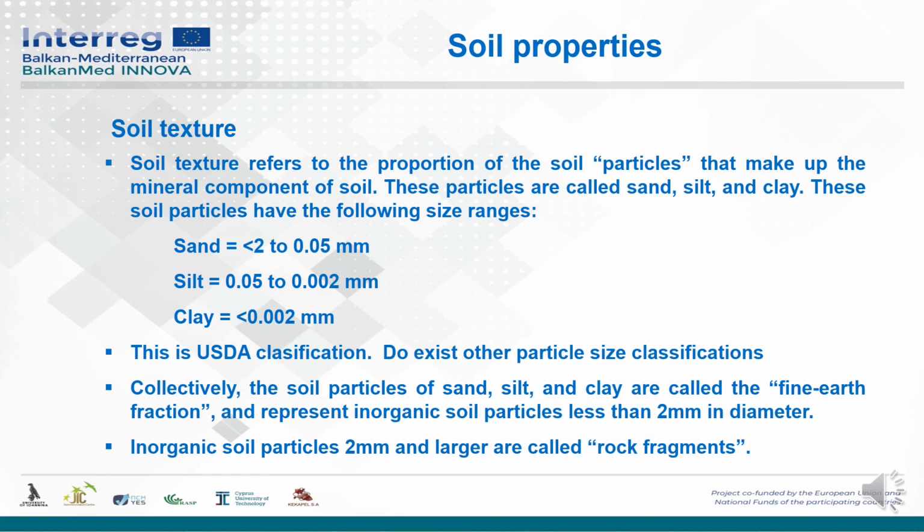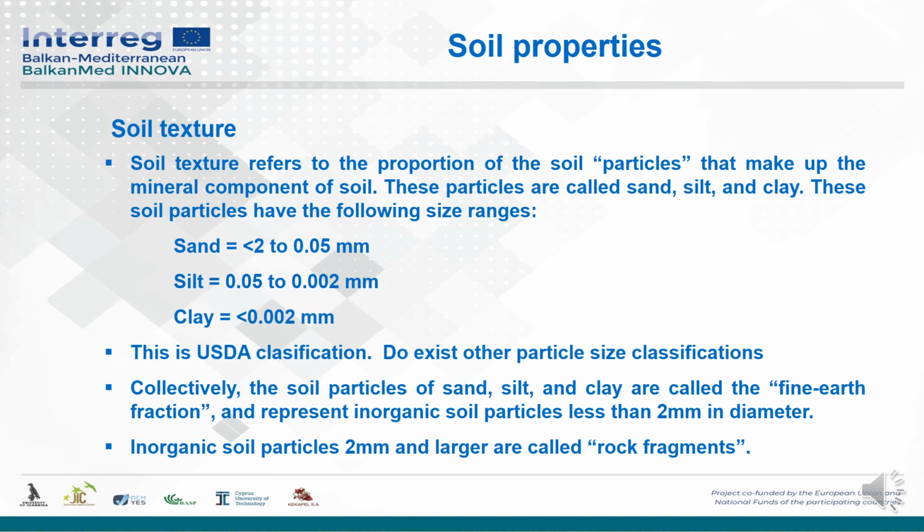Another property of soil is soil texture. Soil texture refers to the proportion of soil particles that make up the mineral component of soil. These particles are called sand, silt, and clay. These soil particles have the following size ranges. Sand has from 2 to 0.05 millimeters size of particles.